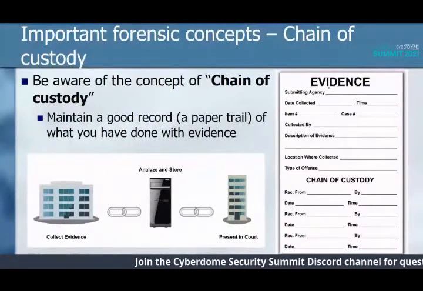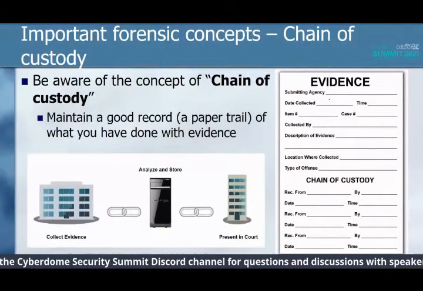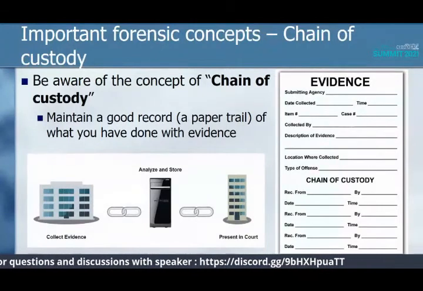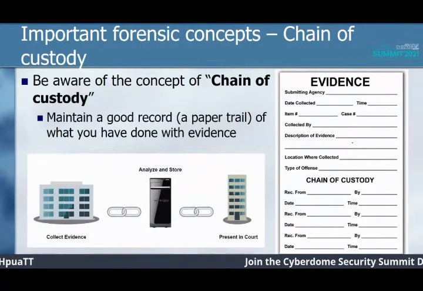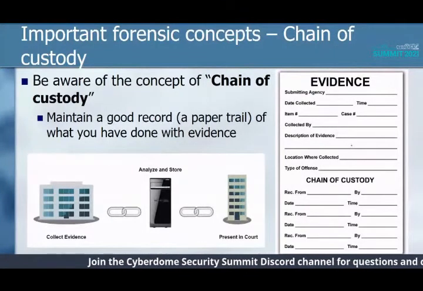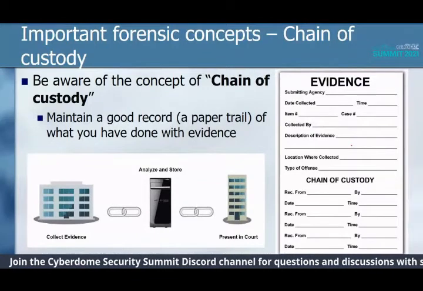Even if it is a private investigation, record the name of the company, the date collected, time collected, item number, case number, who collected the evidence, and the description of the evidence. The description has to be extensive, because sometimes even from a home we can collect 5 or 10 portable hard disks. So it has to be descriptive and properly labeled.